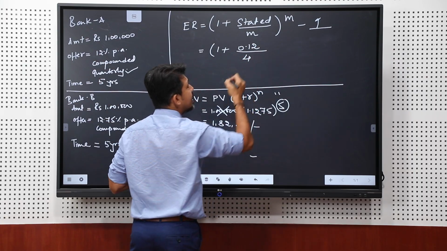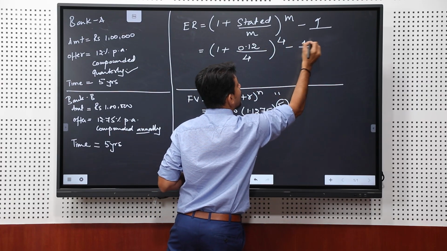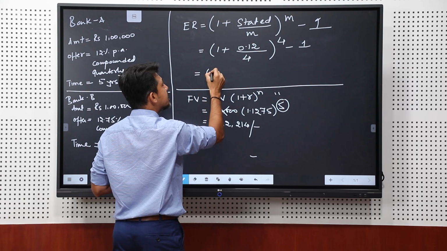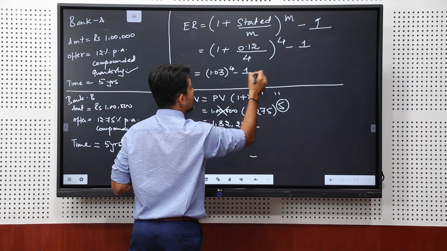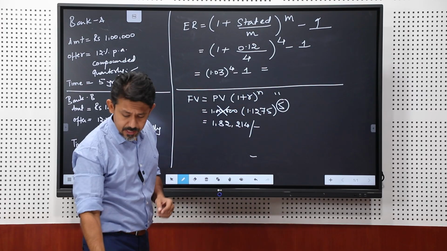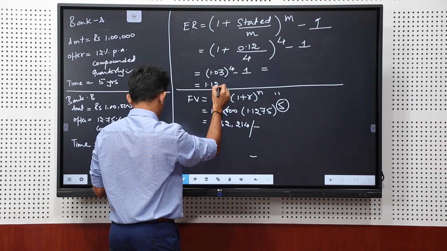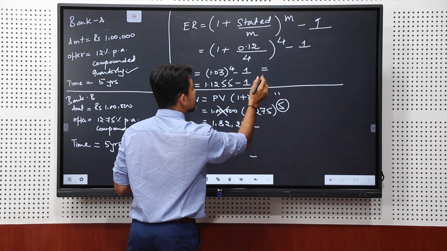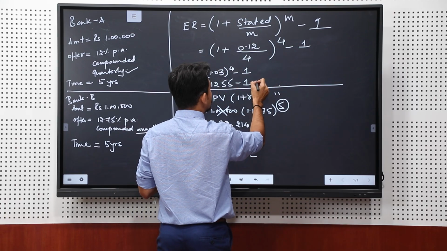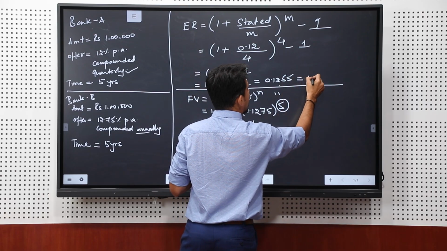Since it is quarterly, m is equal to 4, raised to 4 minus 1. So what I get is 1.03 raised to 4 minus 1. If I solve that, I get 1.1255 minus 1, which comes to 0.1255.